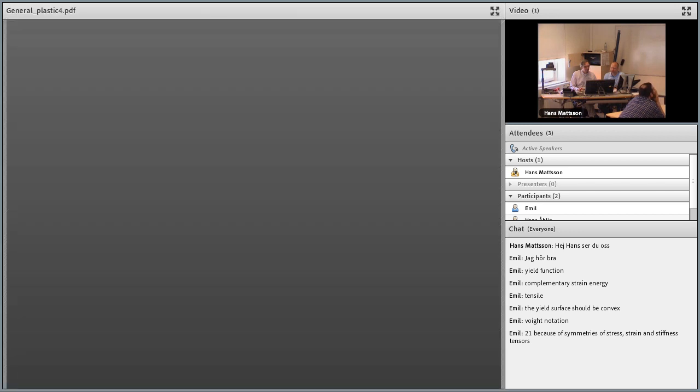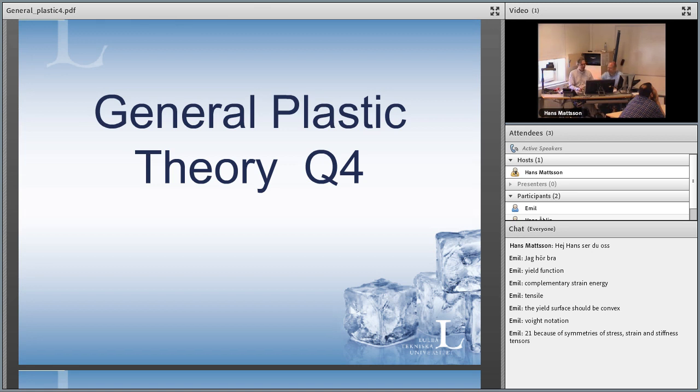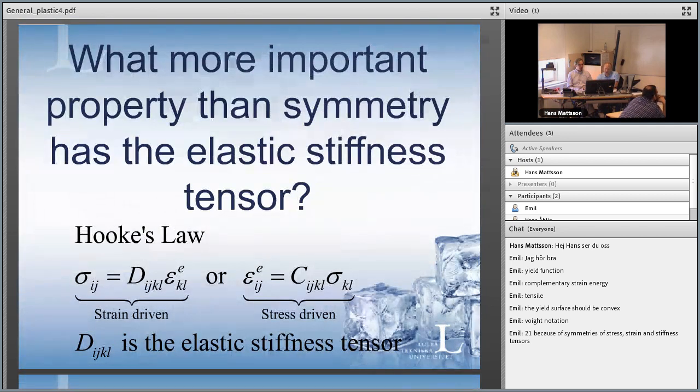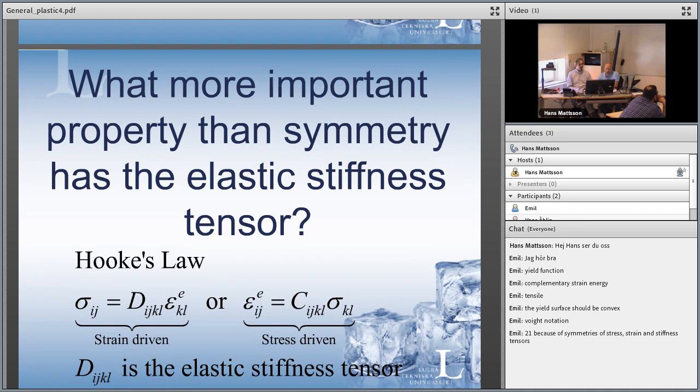Okay, so here comes the question. What more important property than symmetry has the elastic stiffness tensor?